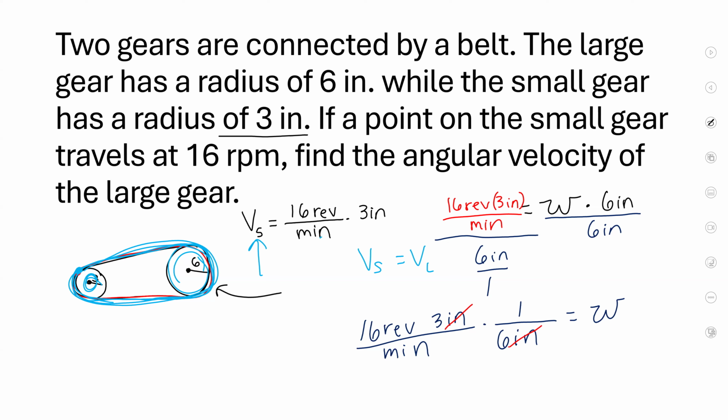So if you multiply across, 16 times 3 times 1 is 48 revs over 6 minutes. What's 48 divided by 6? So this is 8 revs per minute. That's it. If you want to, you can still write it as this, 8 revs per minute.